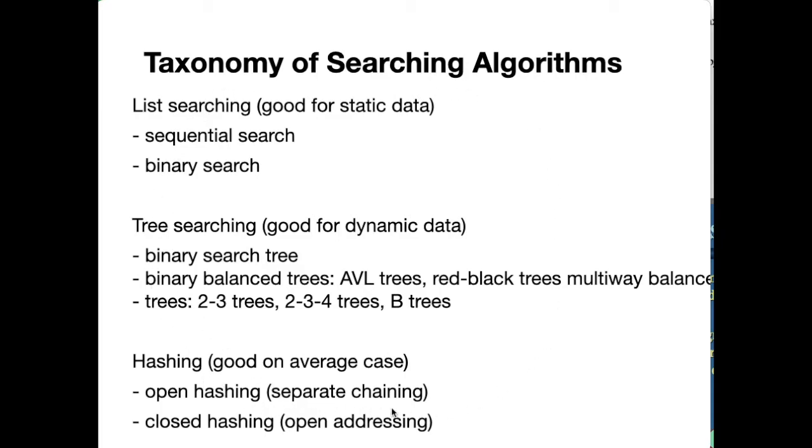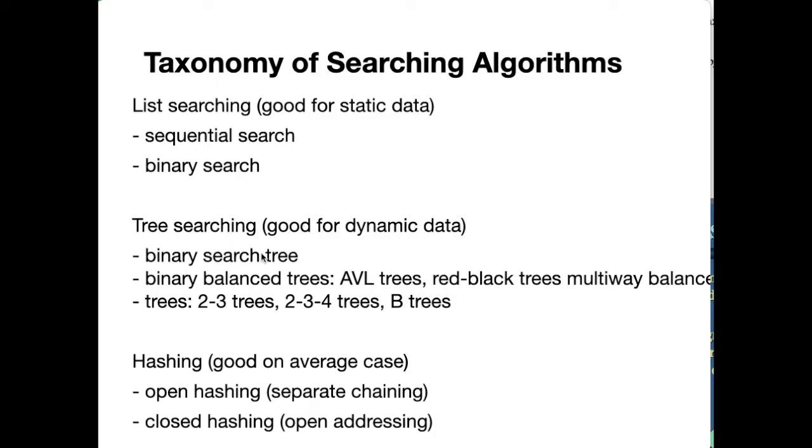Okay. For representation change, changing the way how we represent the input instance changes the algorithm. So, depending on the scenario, kung saan natin gagamitin yung search problem, we can identify which is more appropriate. So for static data, as I said a while ago, okay lang gamitin yung list searching.